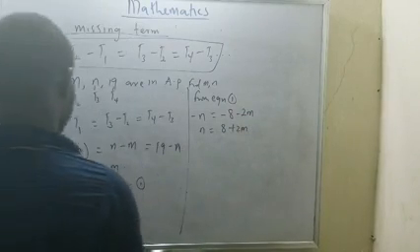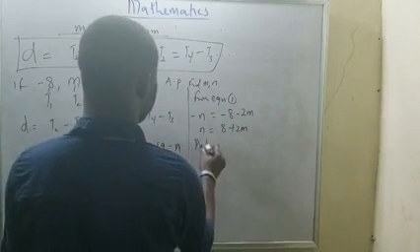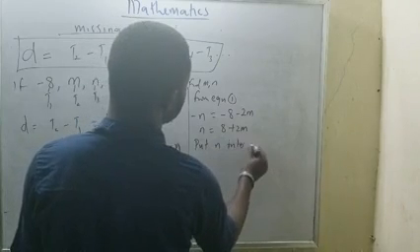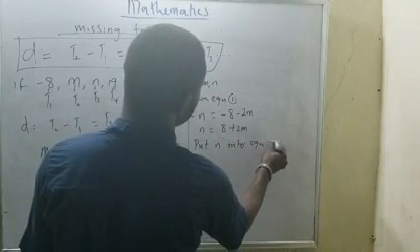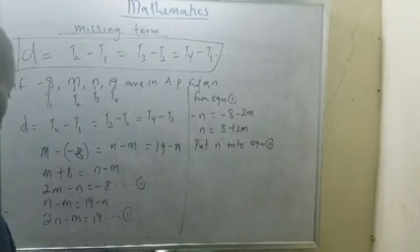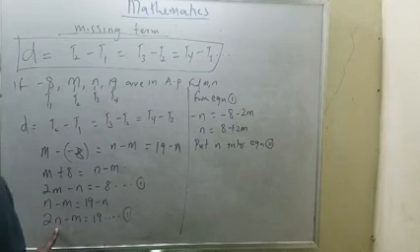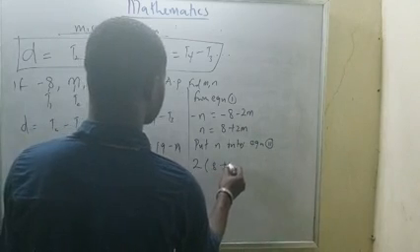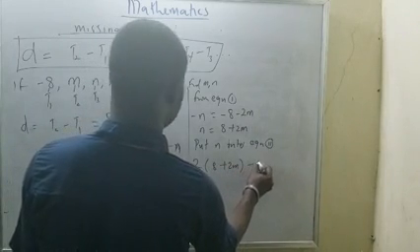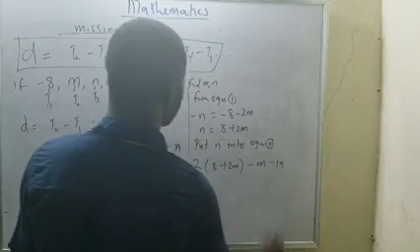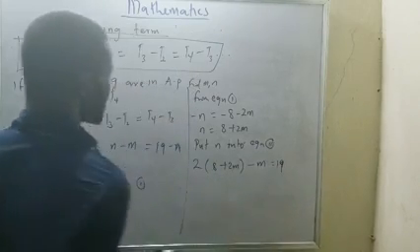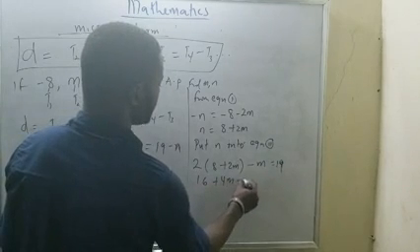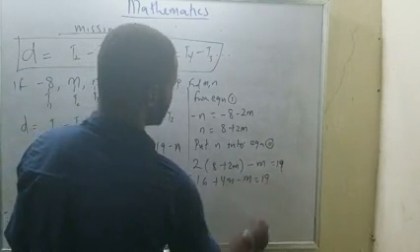Now I put n into equation 2: 2 bracket of 8 plus 2m, minus m equals 19. That is 16 plus 4m minus m equals 19.